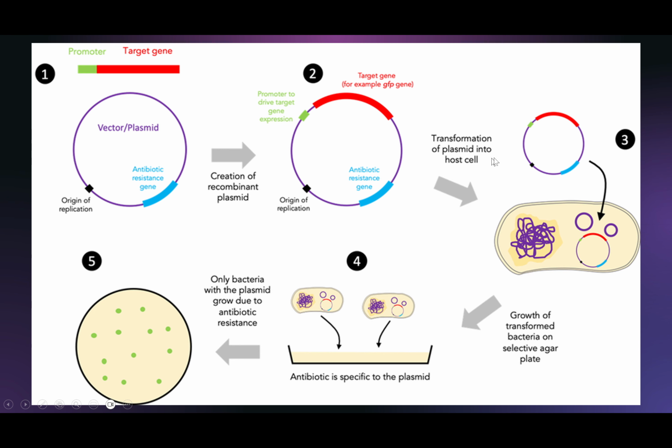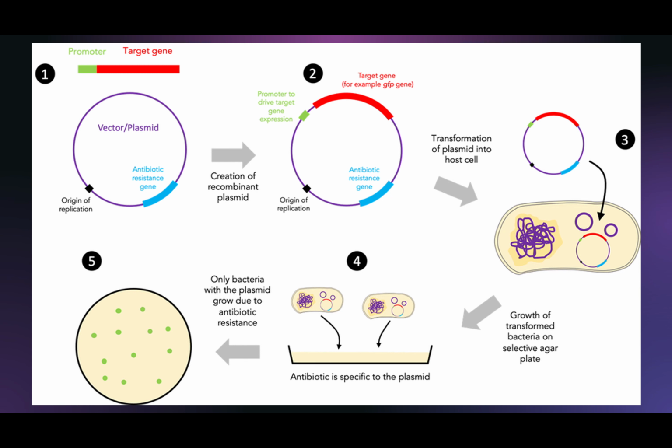And then we do the transformation of the plasmid into the host cell. We transform the host cell, meaning that we increase the permeability, then we insert the new plasmid, and then we grow the transformed bacteria on a selective agar plate. What does selective mean?